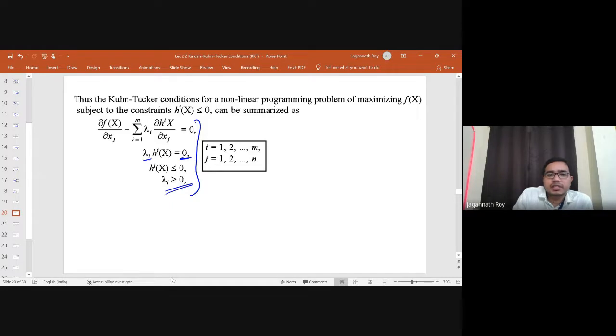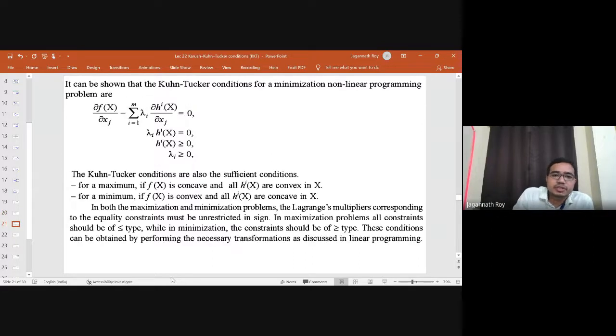So the same idea can be extended to the minimization problem. So for minimization, okay, these are actually greater than or equal to 0. Constraints are greater than or equal to 0. There is a mistake. This would be lambda i less than or equal to 0. These lambda i's will be less than or equal to 0.